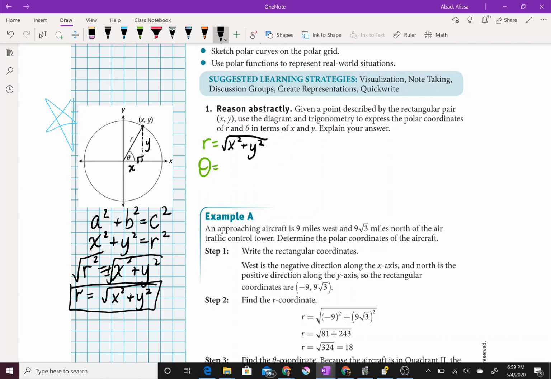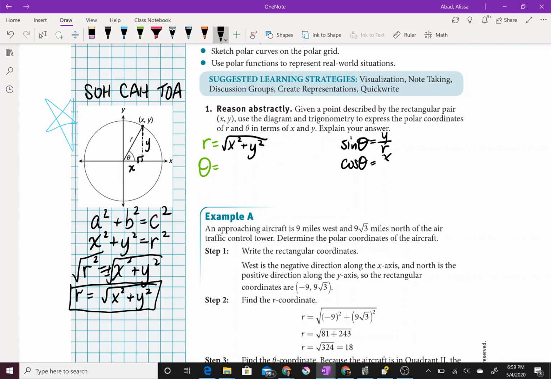Okay, now we need to find out what theta would be in terms of x and y. So if we're dealing with an angle measure and we have this right triangle, we are going to be using our basic trig ratios to help us find out how we can get theta by itself. So SOHCAHTOA means that we have the ratios sine of theta equals, again, y over r, or opposite over hypotenuse.